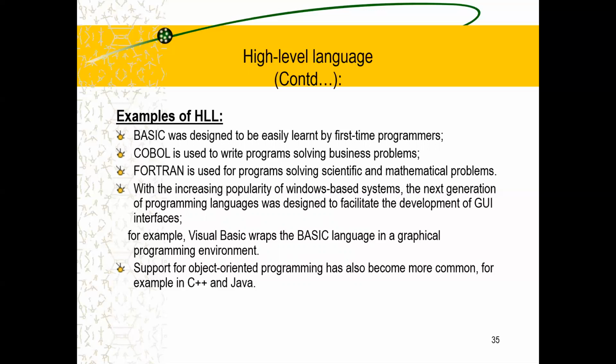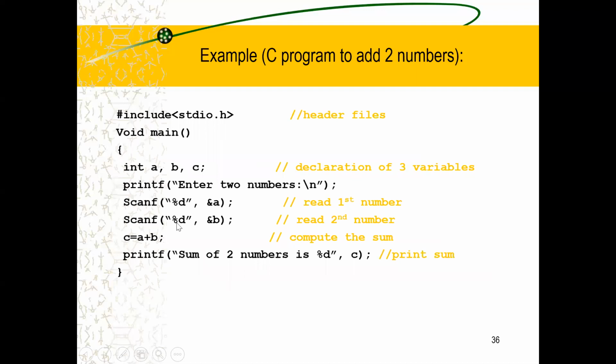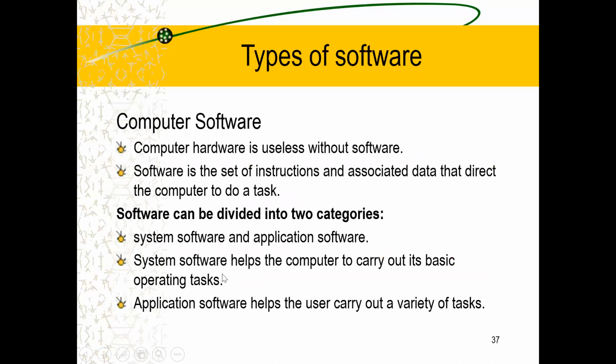COBOL is used to write programs solving business problems. Fortran is for scientific and mathematical problems. Then window-based systems came, for example Visual Basic. Then object-oriented programming languages came, for example C++ and Java. This is code written in C, that is, in a high-level language.